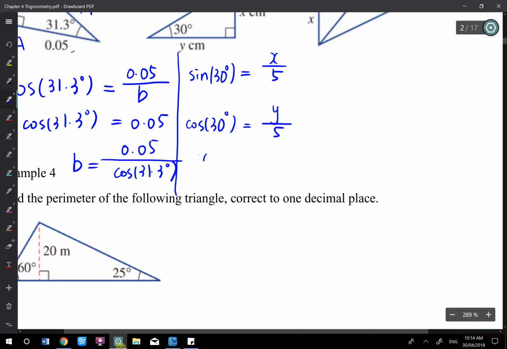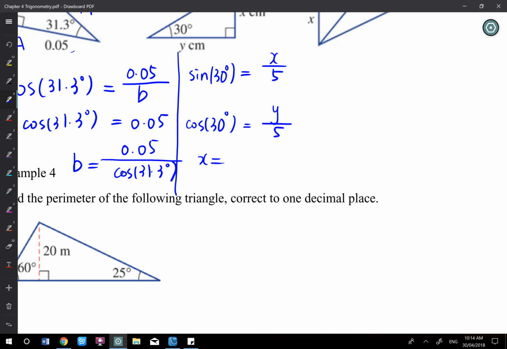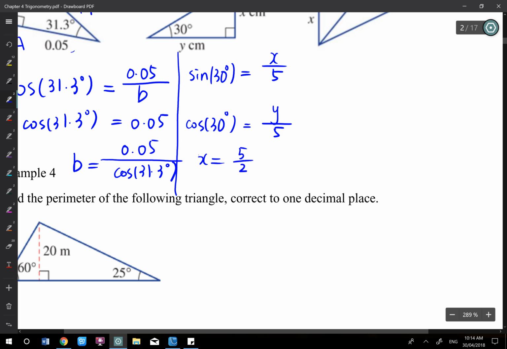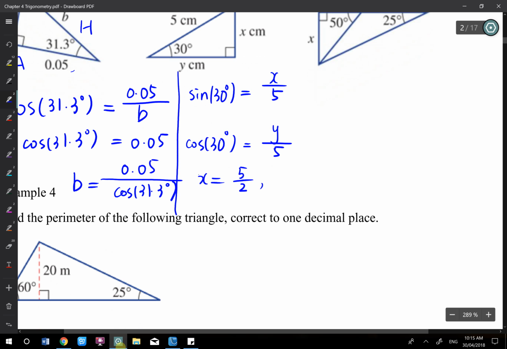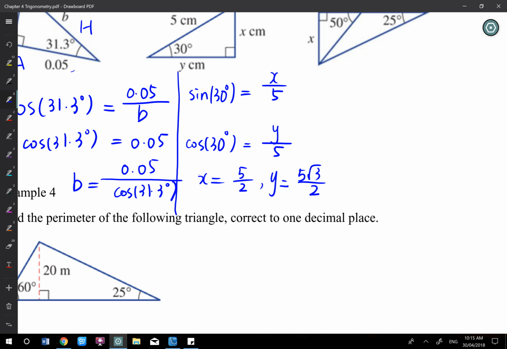If I put that into the calculator, you don't need to know this, but you can see x should be 5 over 2 and y should be 5 root 3 over 2. And if you press control enter, that will give you the approximation value. I don't have enough time, so I'm not going to show this calculator part. It's exactly the same as the first one.